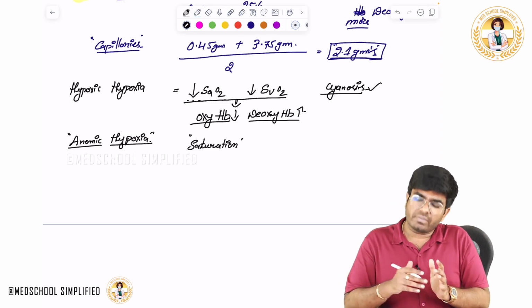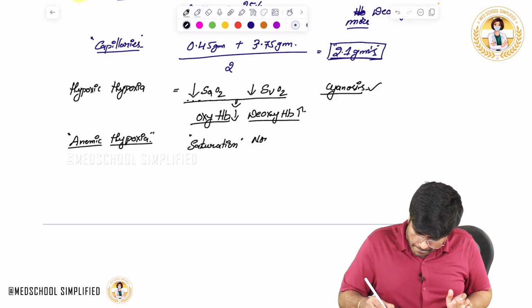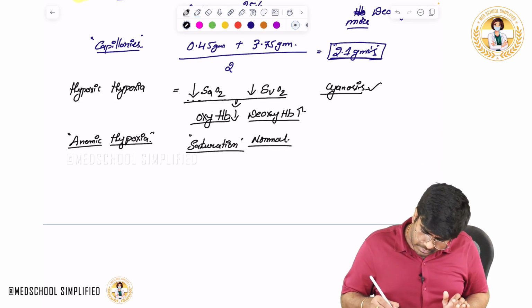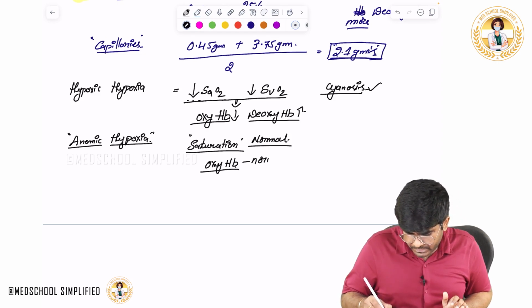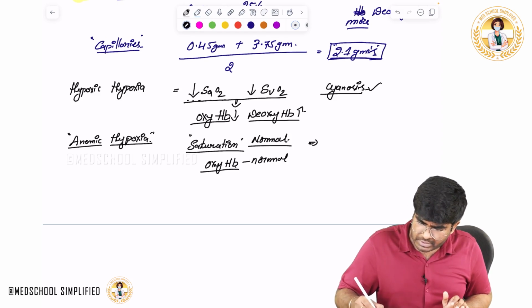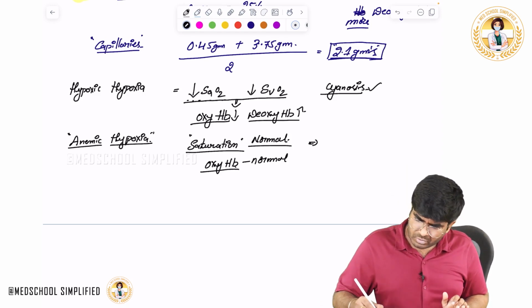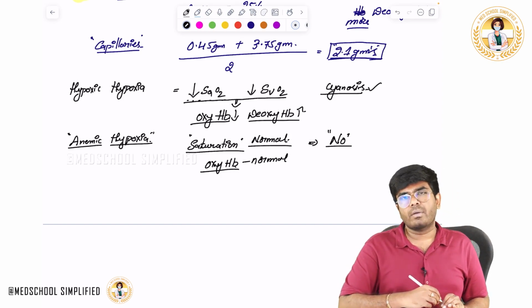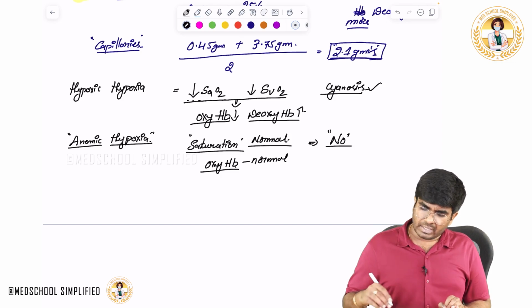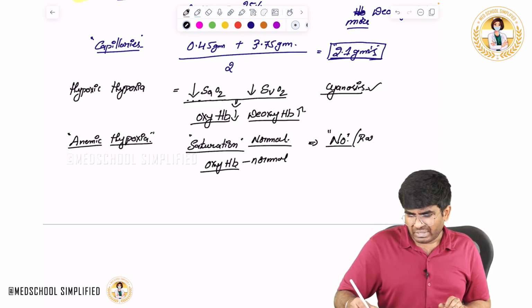So the saturation of hemoglobin is normal, which means oxyhemoglobin levels are normal. If oxyhemoglobin level is normal, do you think cyanosis develops? No. Cyanosis is not going to develop in anemic hypoxia, or you can say very rare.